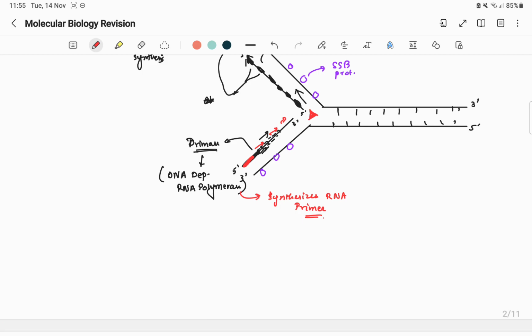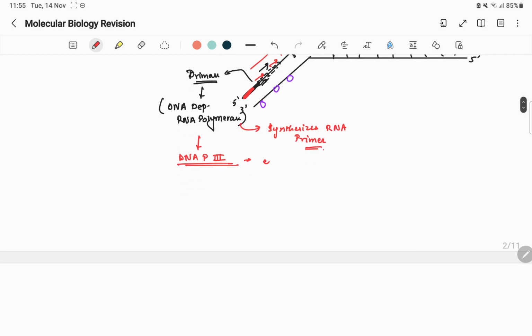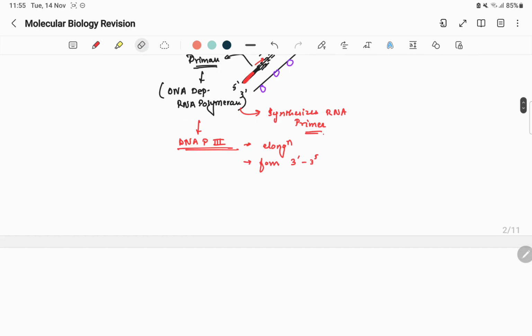Understood? And this elongation will be catalyzed by DNA polymerase 3. DNA polymerase 3 will do the elongation. It has two types of activity.